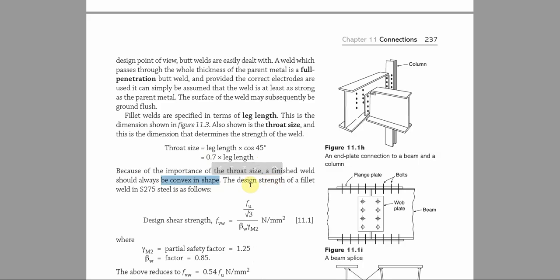The design strength of a fillet weld in S275 steel is as follows. That is, the design shear strength is Fu over root 3, divided by beta W times gamma M2, where gamma M2 is the partial safety factor, which is 1.25, and beta W is 0.85.